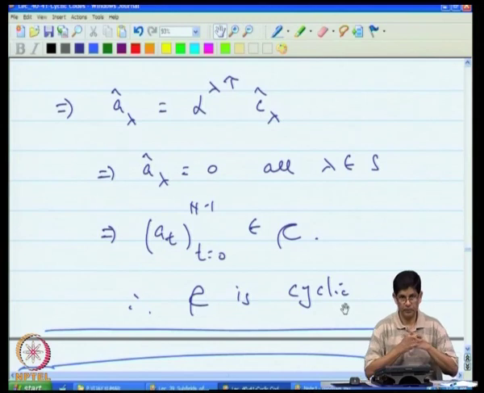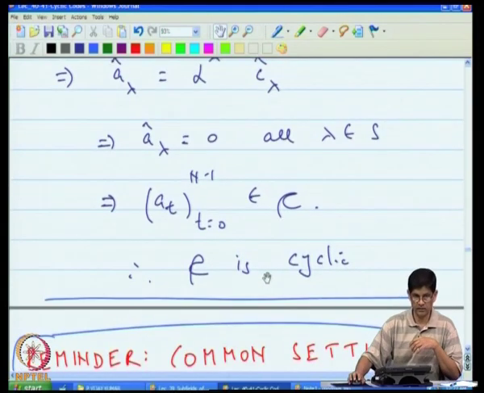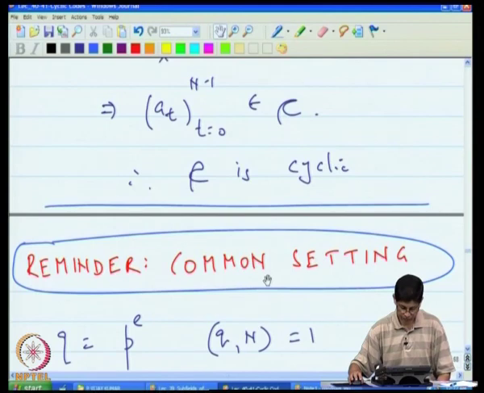So, the way we prove this is just by using the property of the finite field transform under cyclic shift. You just get the transform values multiplied by some constant. So, it does not change the fact that the transform is 0 at certain frequencies. For this reason, the code is closed under cyclic shifts.